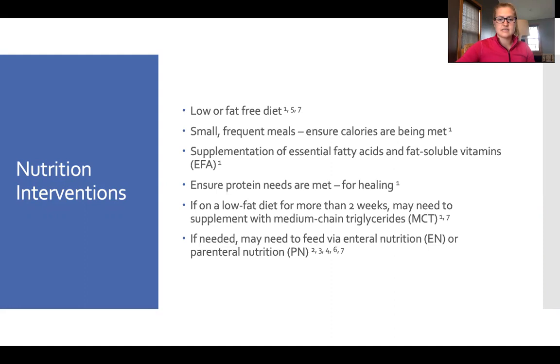And lastly, if needed, they also may need to feed via enteral nutrition or parenteral nutrition. This area is still being looked at, and many research studies are trying to be done to see what they can do, but I thought I should touch on this as well, as it may be more current research being put out there.